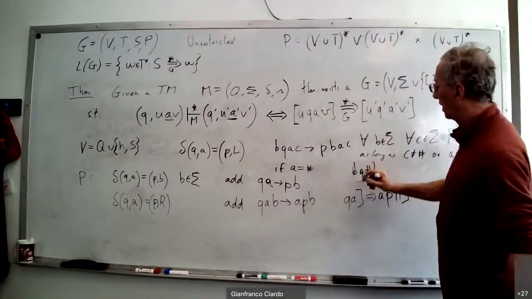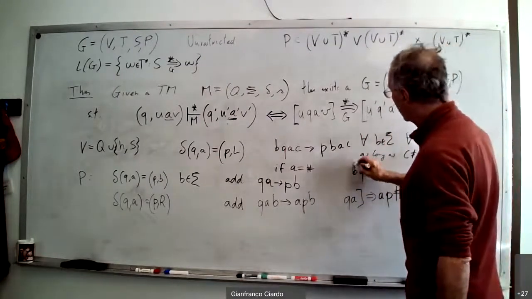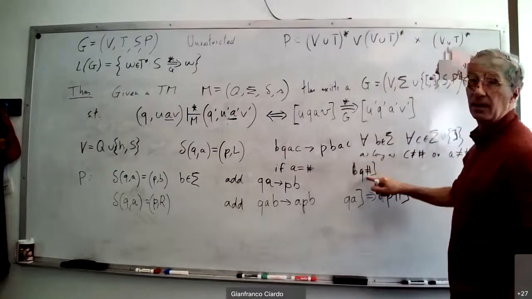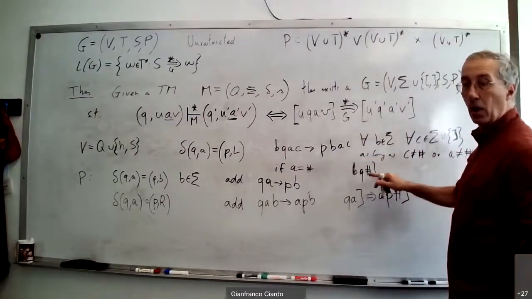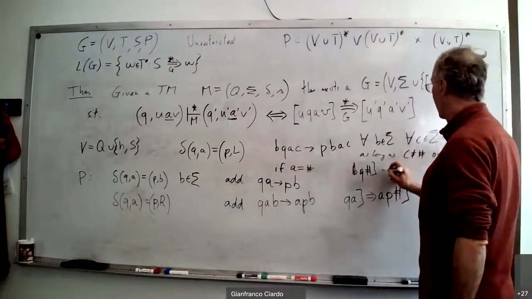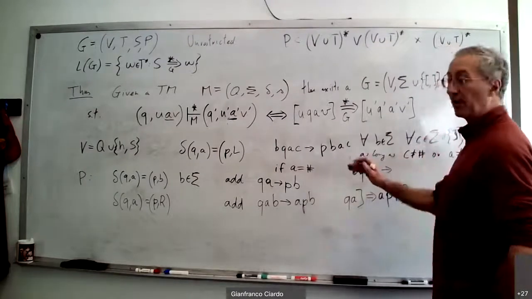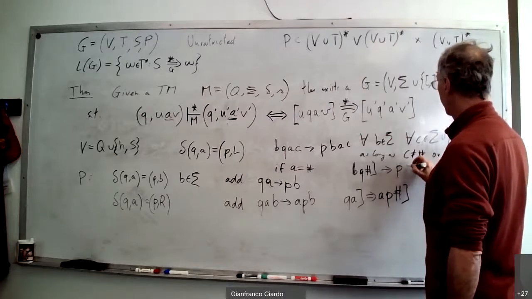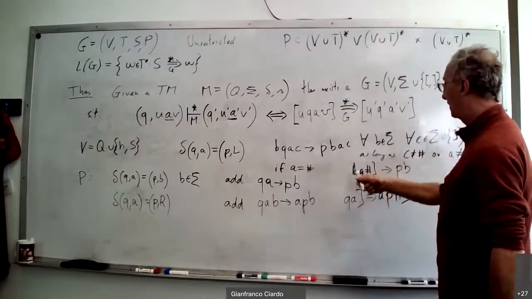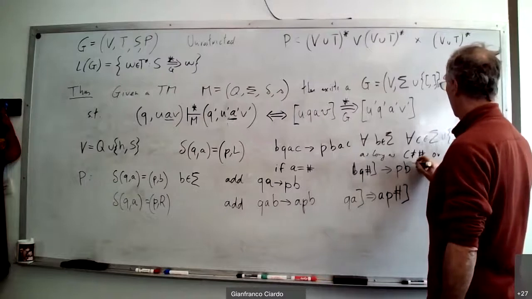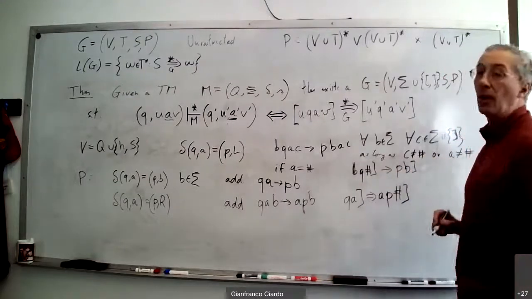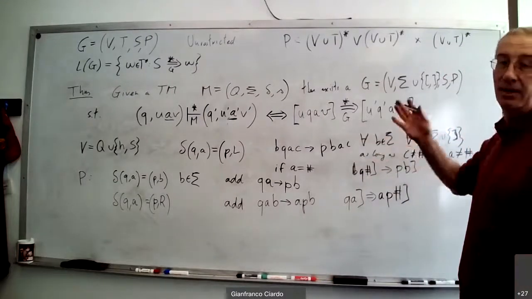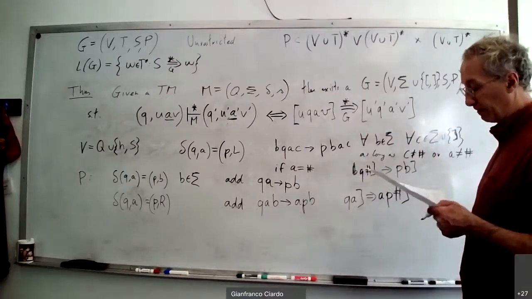So if I am in state Q with a blank under the head and then all blanks to the right, then what do I do? When I move left, I will go to state P with the B under the head, and then I just throw away the blank because that blank is part of the infinite run. Okay.